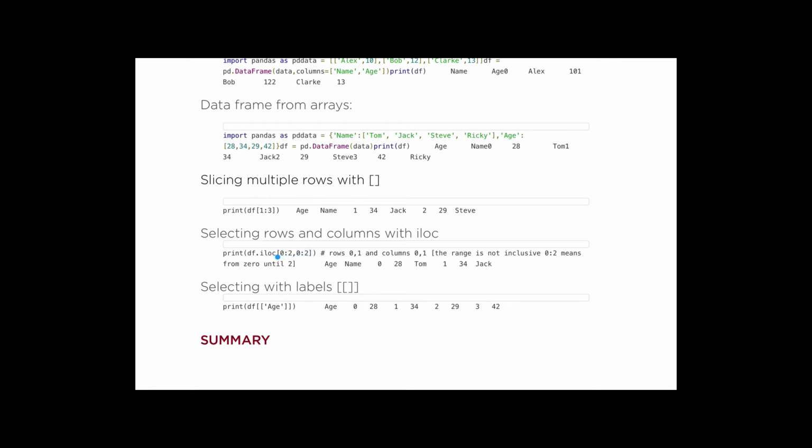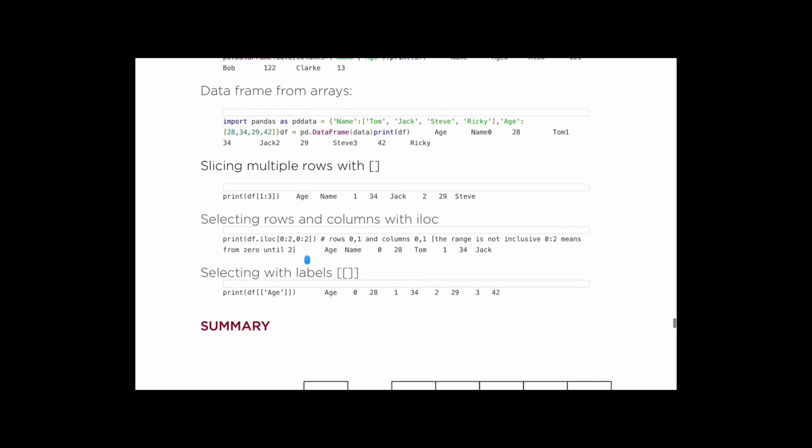Right, so we're specifying that we'd like to have rows from 0 up till 2 and columns from 0 up till 2. And finally, if we are aware of labels or column names, for instance, we can use those instead of indexing. So in this case, we are calling or slicing the data frame by the name of the column, which is age.